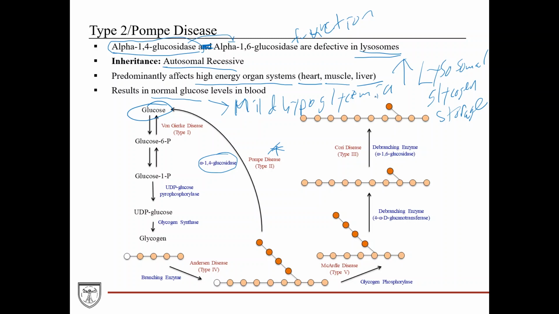And so von Gierke disease, you have very severe hypoglycemia because you can't even carry out that last step of gluconeogenesis or glycogen breakdown to free glucose, and so you have very decreased levels of free glucose. In Pompe disease, you either have relatively normal or mild hypoglycemia, so you don't have those severe hypoglycemic symptoms that you may see in von Gierke, such as seizures or other symptoms like that.